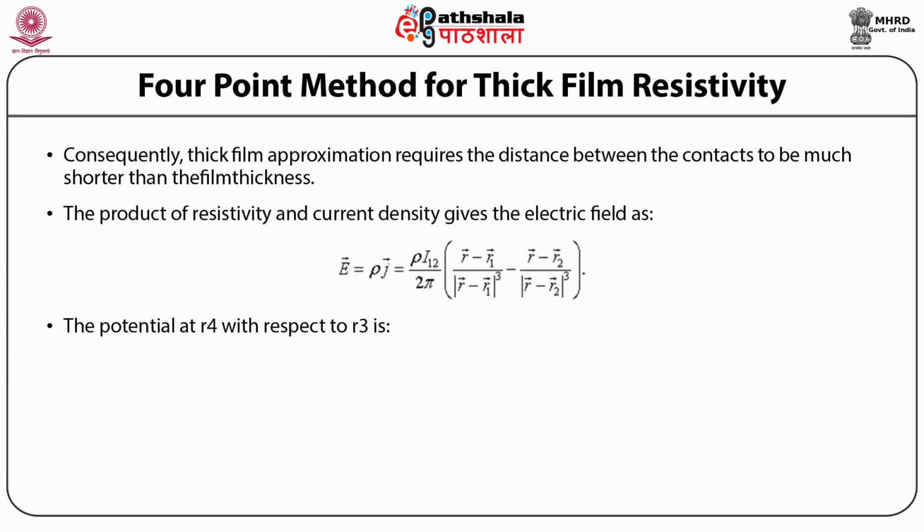The potential at R4 with respect to R3 is V43 equals minus ρI divided by 2π times the integral from R3 to R4 of [(R vector minus R1 vector) divided by |R vector minus R1 vector| cubed minus (R vector minus R2 vector) divided by |R vector minus R2 vector| cubed] dr.